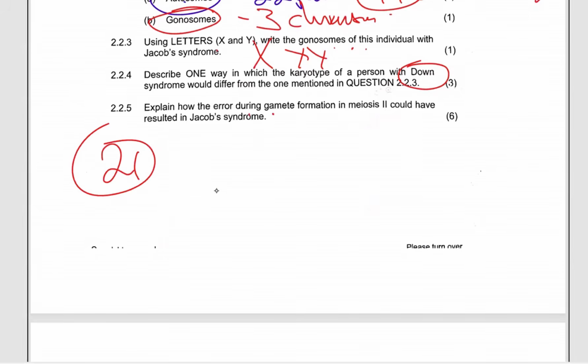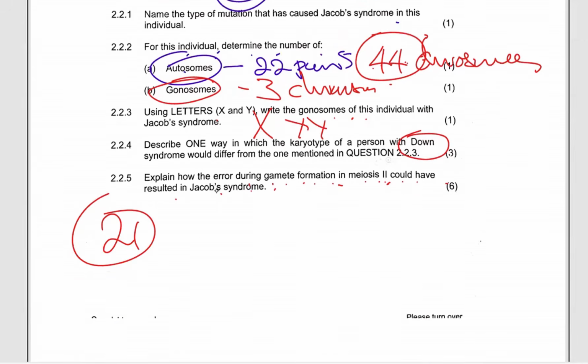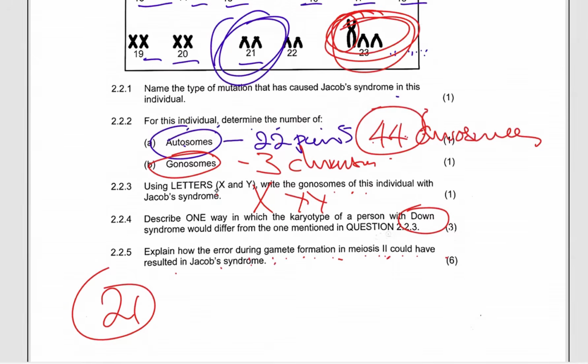Explain how an error during gamete formation in meiosis 2 could result in Jacob's syndrome. Then it means that if you look at this, this could be for a female or it could be for a male.